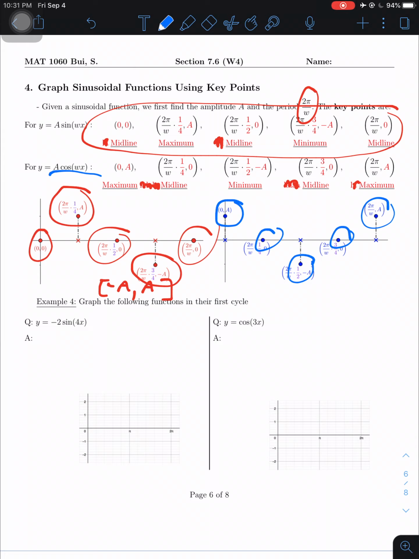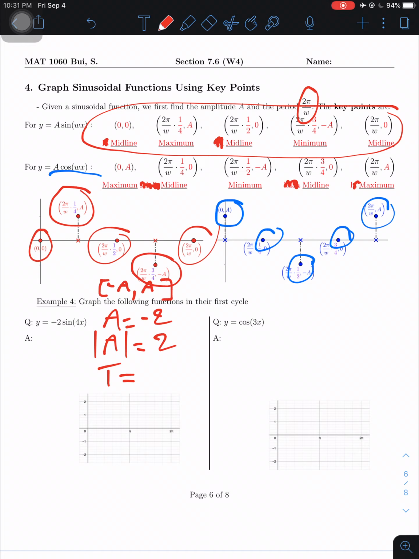Then how can I graph it using the 5 key points in here? Well, first of all, I'm going to define my A. My A in here is -2. That means that my amplitude equals the absolute value of -2, which is 2. And my period, I'm going to call T for period.